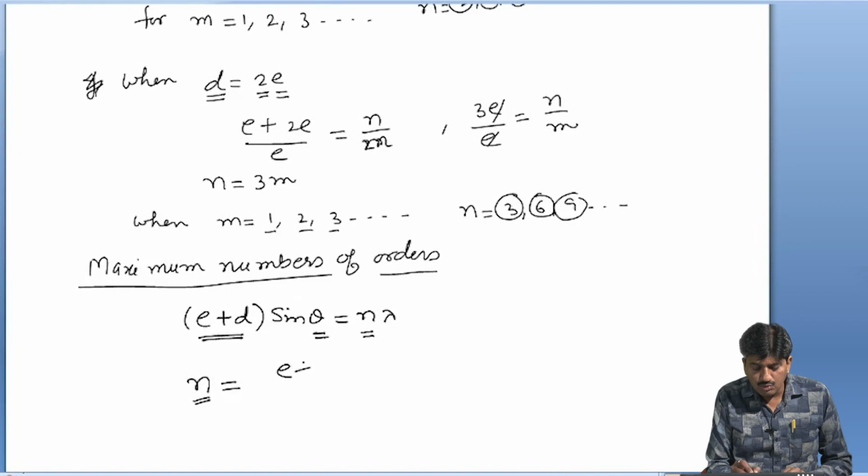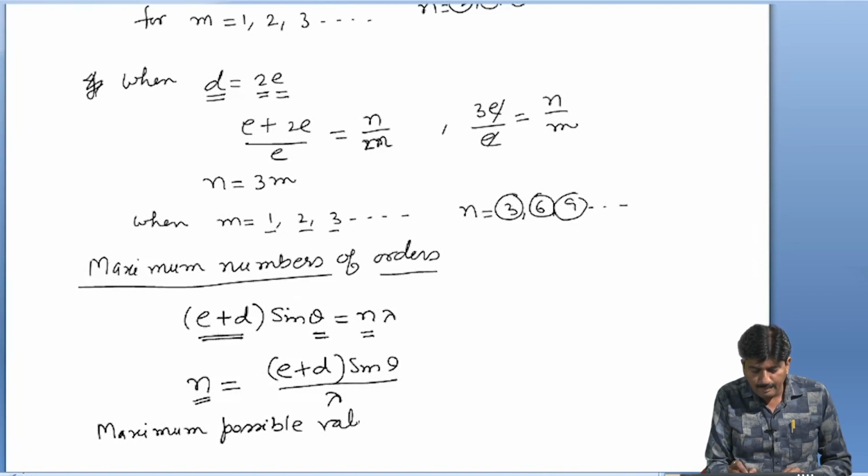Small n should be equal to (E plus D) sine theta upon lambda, and the maximum possible value of theta may be 90 degrees.